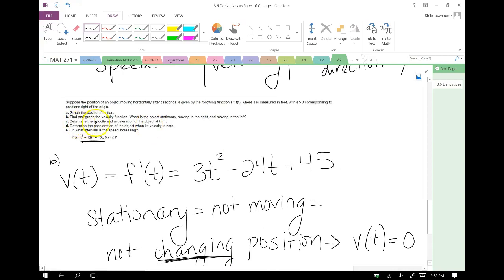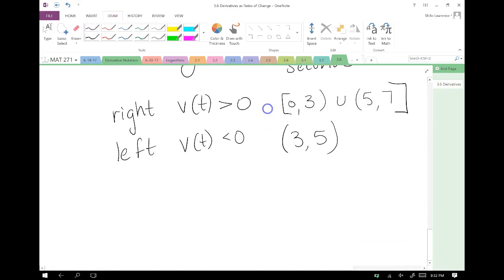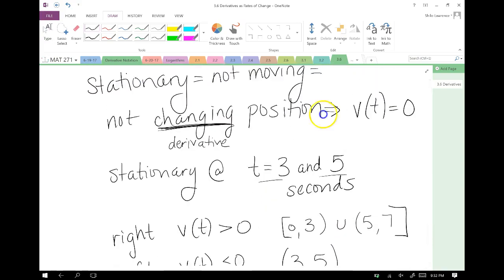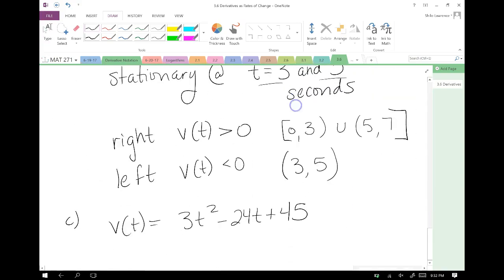Part C says determine the velocity and acceleration of the object at t equals 1. Well, we've got a velocity equation. All we have to do is plug in 1. So for part C, our velocity function we said was 3t squared minus 24t plus 45.